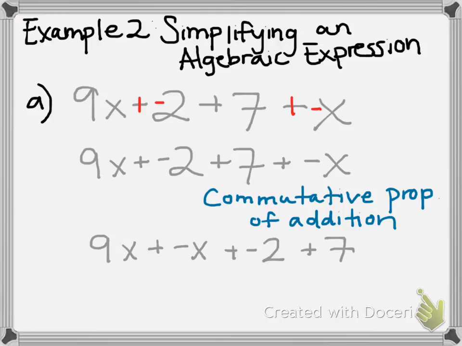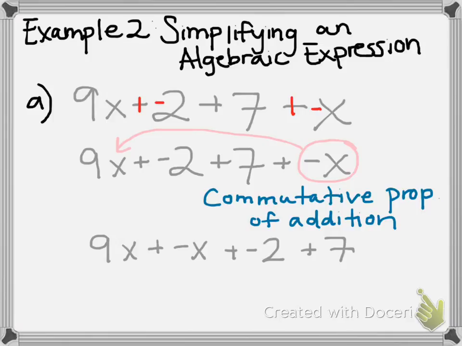Does everyone understand what I did there? Let me change my color so I can show you what I did. I simply moved this guy all the way over here so that it would be easier to add together because they have the same variable to the same power at the end. Okay?